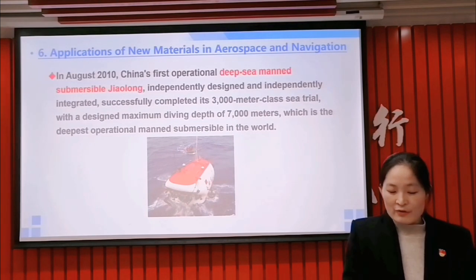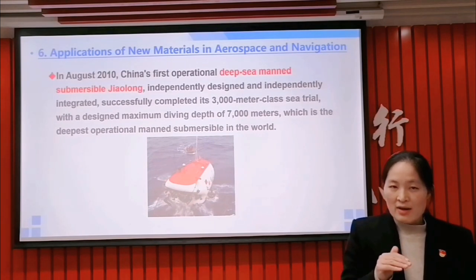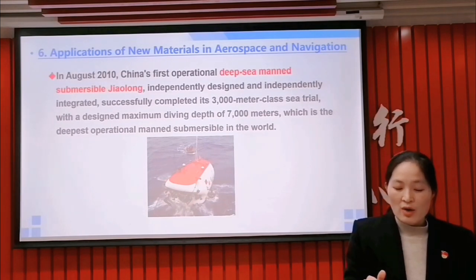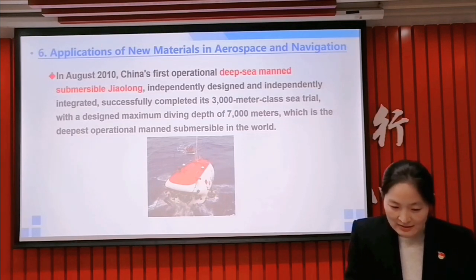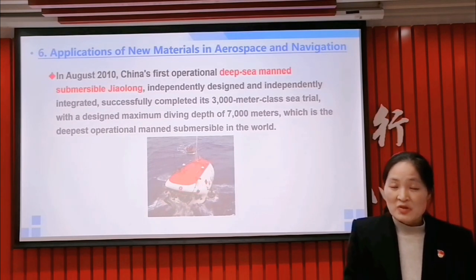You can see from the picture. In the submersible, it contains not only composite material, but also we can see the metal parts. Yeah, the metal means different kinds of alloy.